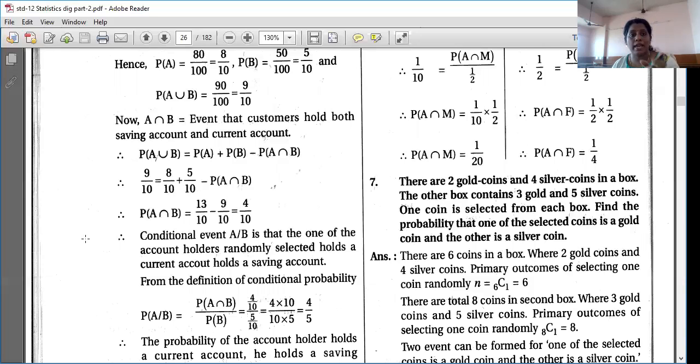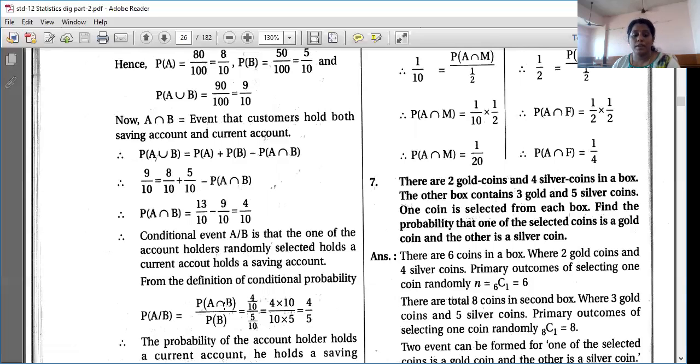A intersection B was not given directly, so you put it in that formula, get A intersection B, and then find the conditional probability A by B.